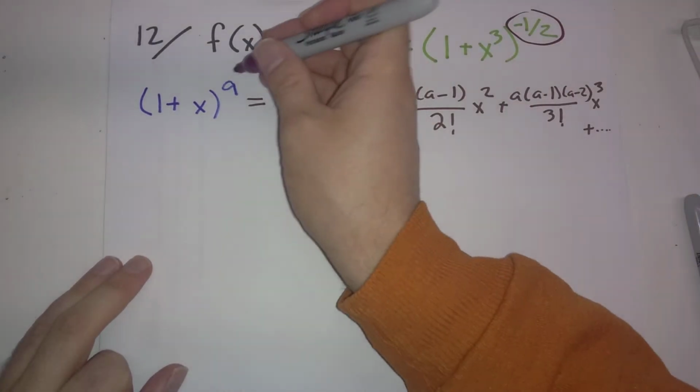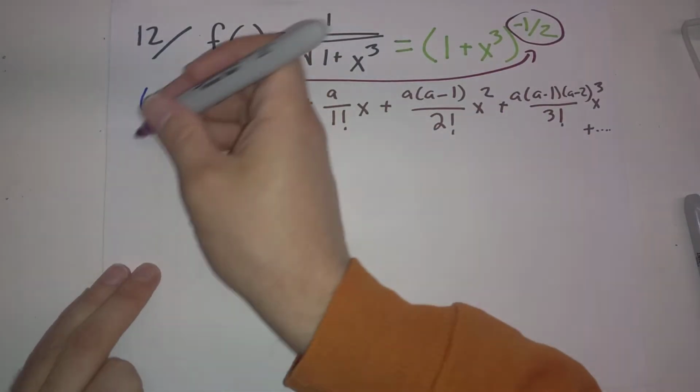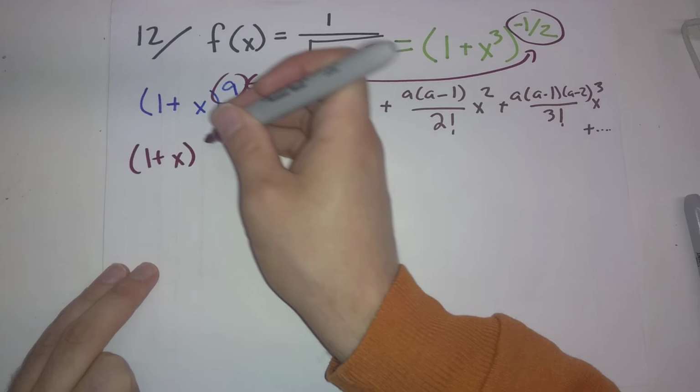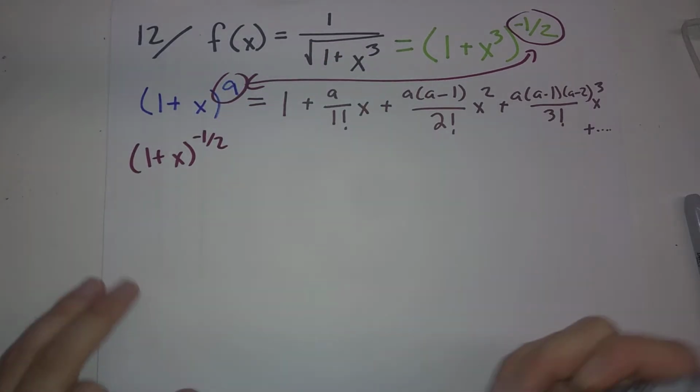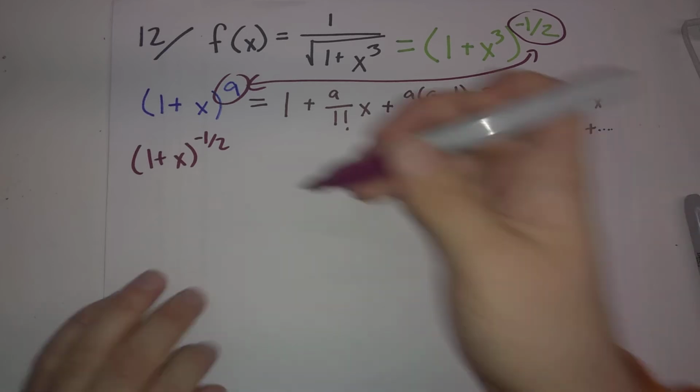We have a is going to be minus 1/2. So we're going to write out (1 plus x) to the minus 1/2 power, and then we'll substitute in x cubed for x.